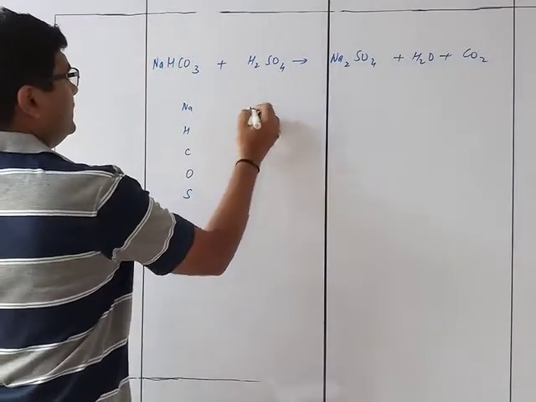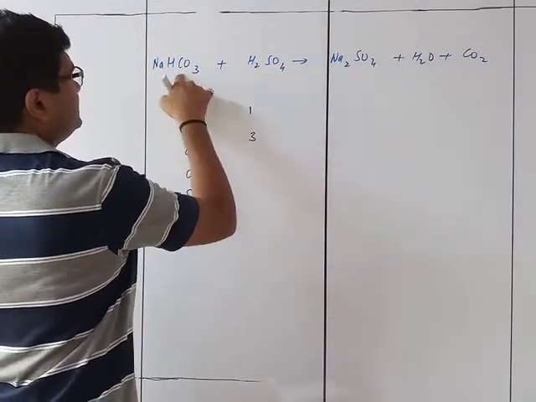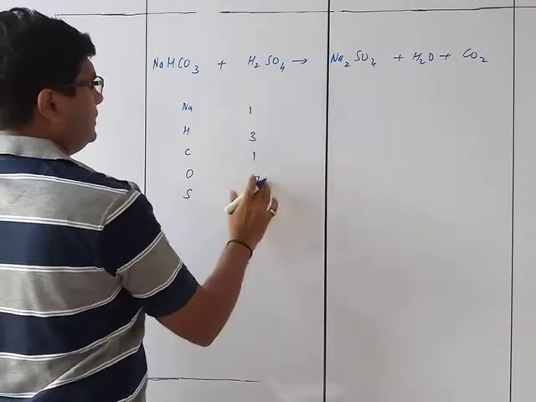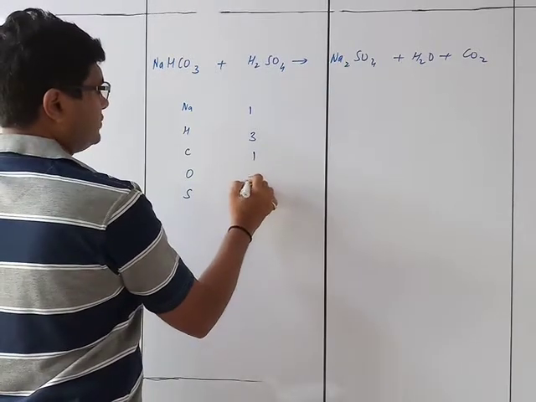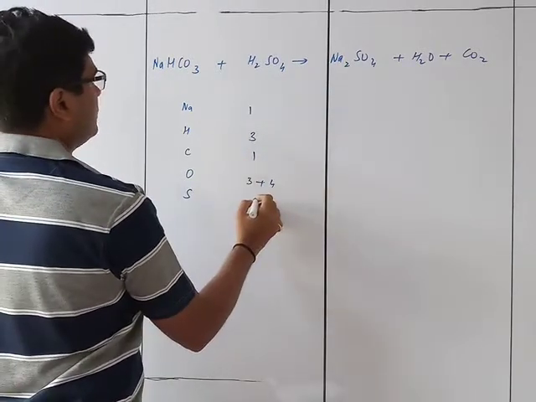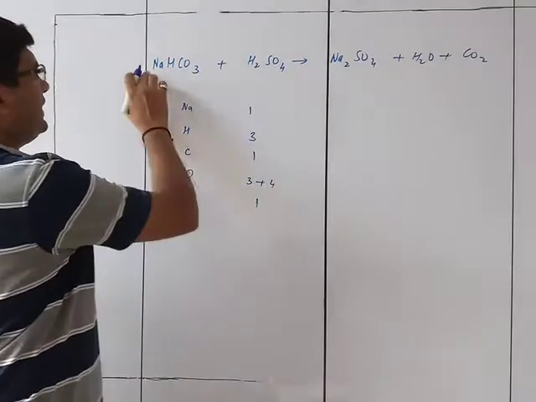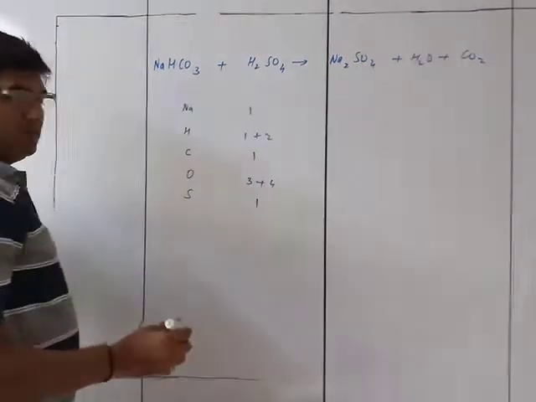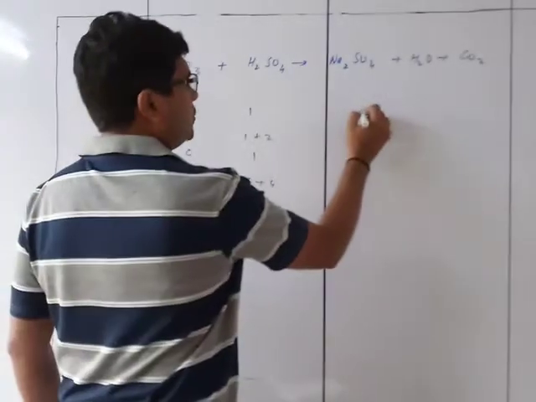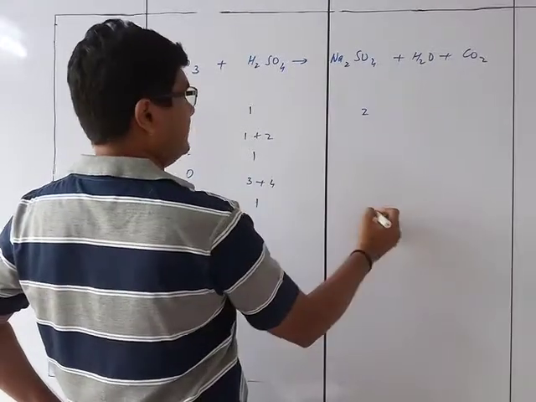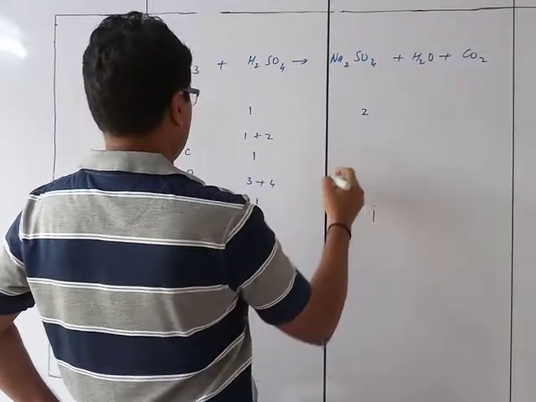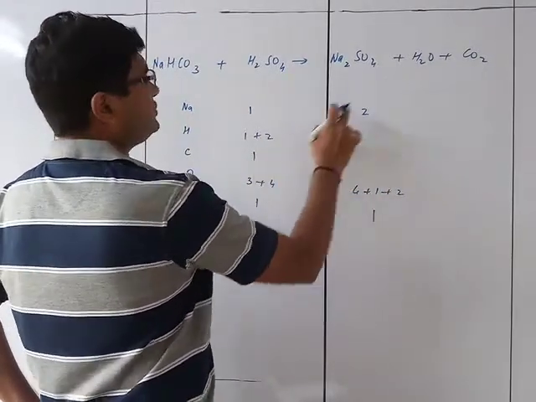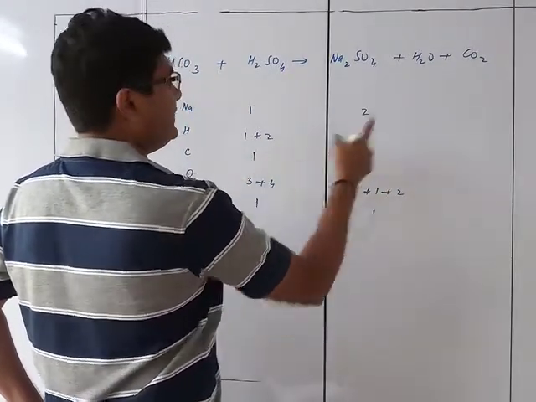So 1 over here, H is 1 plus 2, 3, C is 1, O is 3 plus 4, 7, and finally S is 1. I'm writing it 3 plus 4 because if I take a 2 over here, then it may change. That's why here also I'll put it as 1 plus 2 so that I can change it easily. So this is 2 over here, S is 1, O is going to be 4 plus 1 plus 2, so that's 7, okay. H is 2 and C is 1.